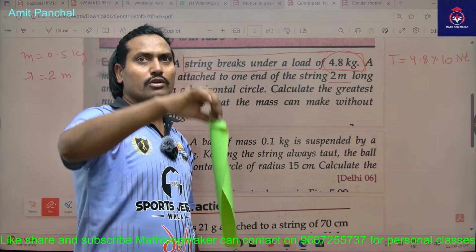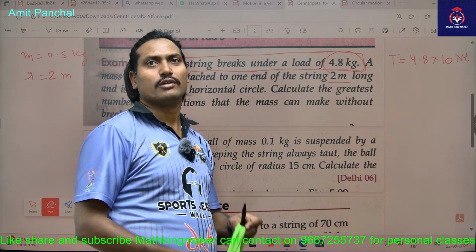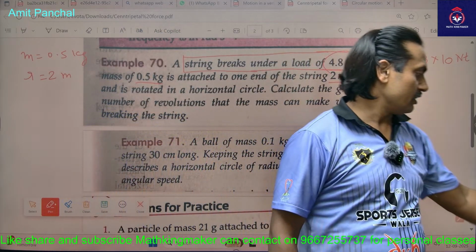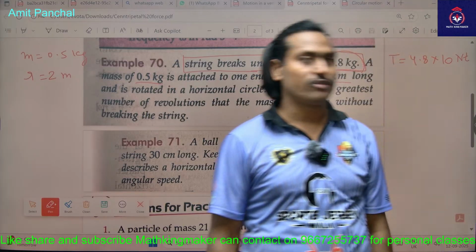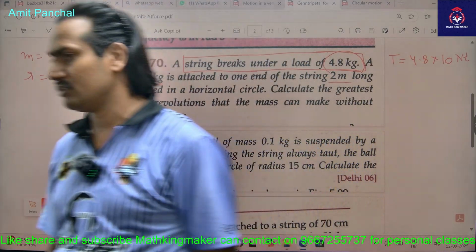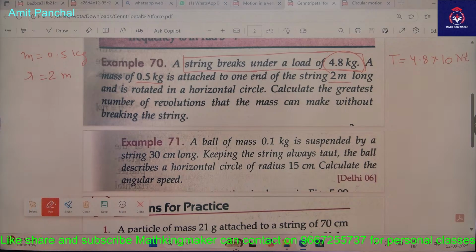In both cases they are still taut, it's just the amount of tautness that is different. Got it now? Yes.